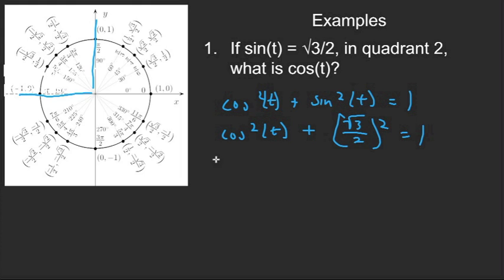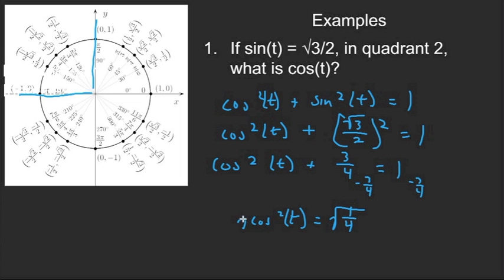So if you do this out, cosine squared t plus 3 over 4 equals 1. Move this over and subtract from both sides. We get that cosine squared t equals 1/4. If we square root both sides, cosine of t is equal to 1/2. So we know that since it's in quadrant 2, the x values or the cosine values are all negative. So cosine at this point is equal to negative 1/2. That is the final answer.